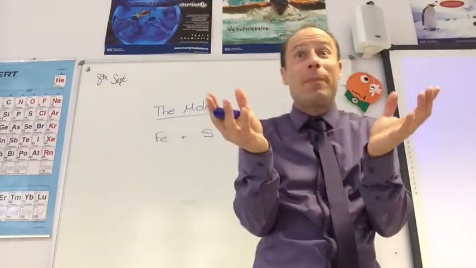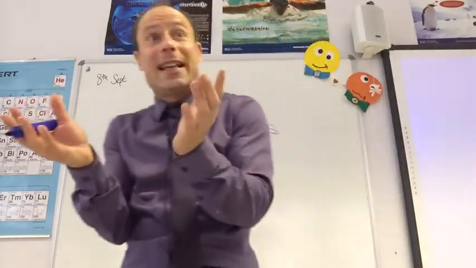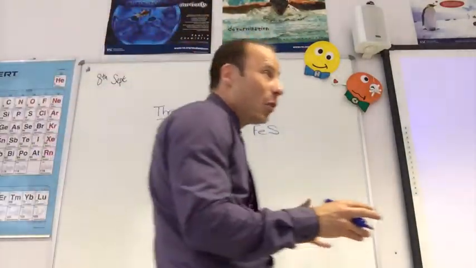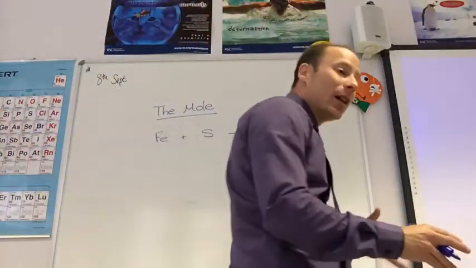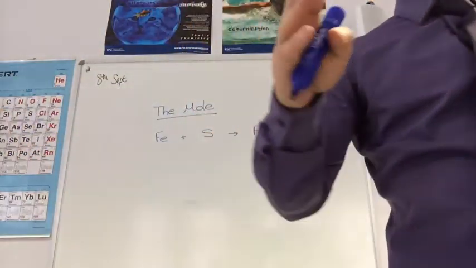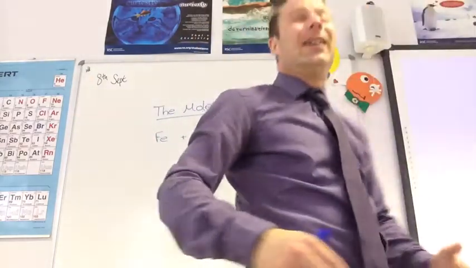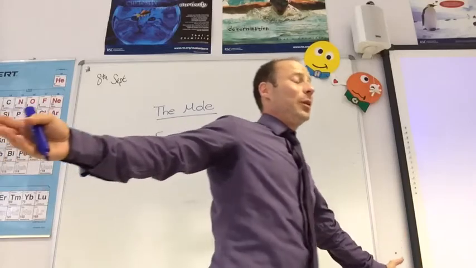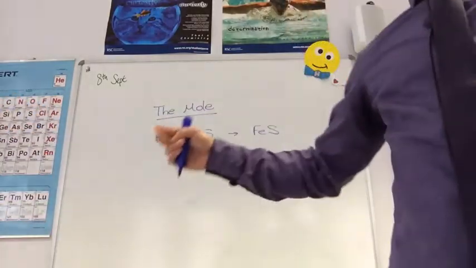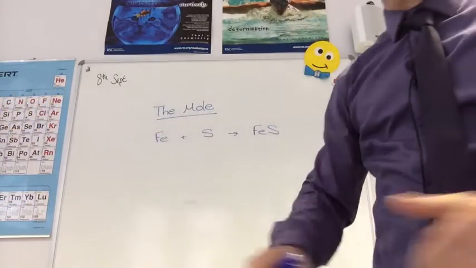So I could have a mole of people, in which I've got 6 followed by 23 zeros people. I could have a mole of humbugs, sweets. A mole of M&Ms would be exactly the same. Now, we wouldn't talk about the mole in everyday use, because it'd just be too many. We'd never cope with such a big scale. But we can when we talk about atoms.